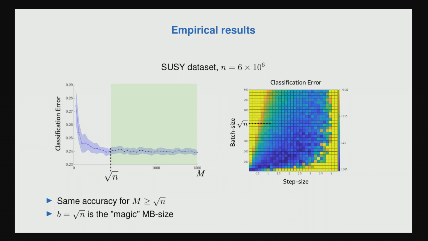So you may ask, does that mean that for bigger batch size I cannot recover the same good 20% classification error? No, actually you can, but you have to run your algorithm more. So somehow there's this threshold of magic mini batch size of square root of n that tells us that there's a mini batch size that's better to use with respect to others.